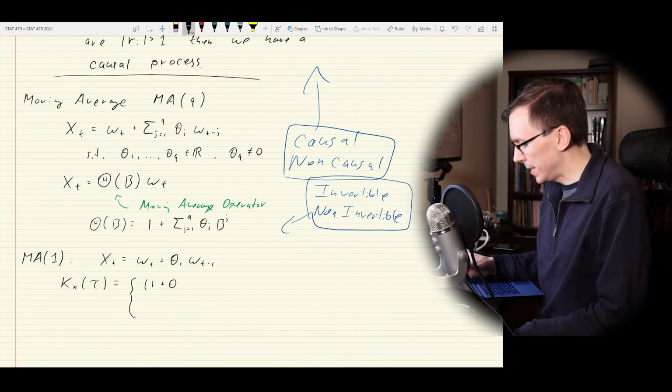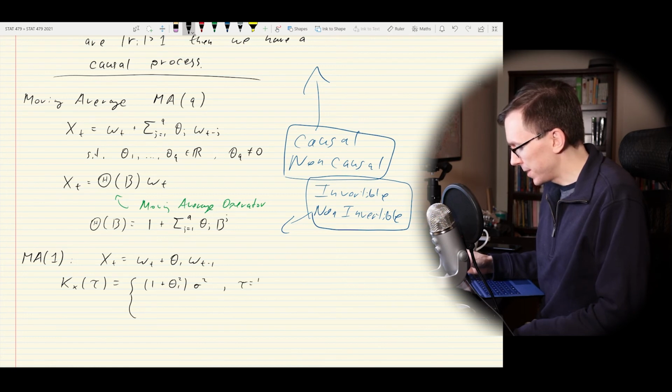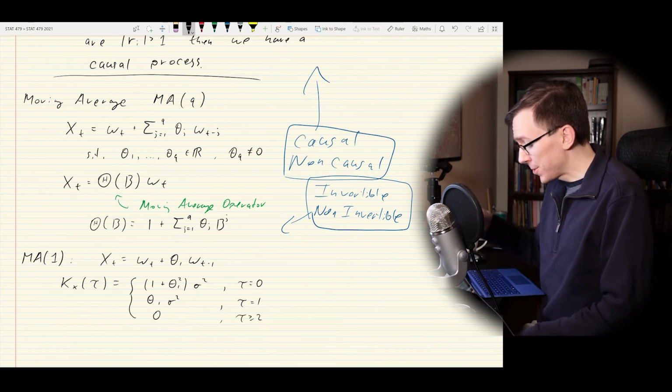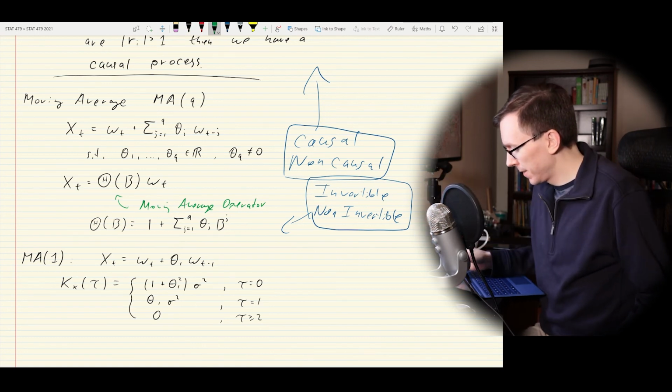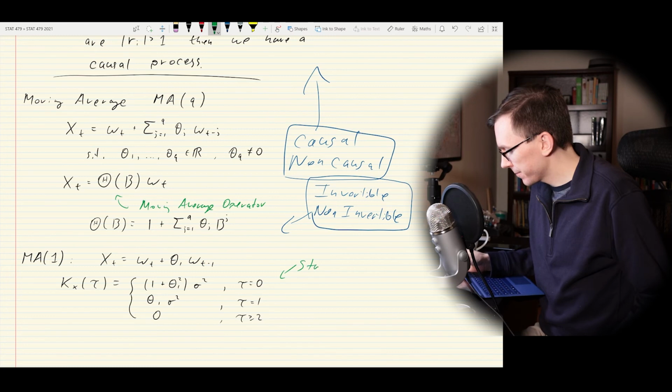It's just going to be theta 1 squared sigma squared for tau equal to 0, theta 1 sigma squared for tau equal to 1, and 0 for all other values of tau. So this thing is going to be a stationary process.